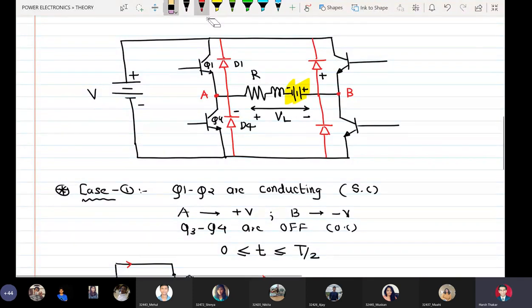This is Q3, D3, Q2 and D2. So when the inductor imposes a polarity L di by dt in this way, this plus goes here, minus goes here. So this plus gets applied here.